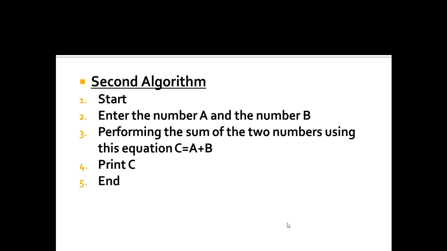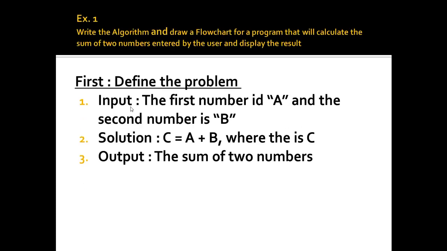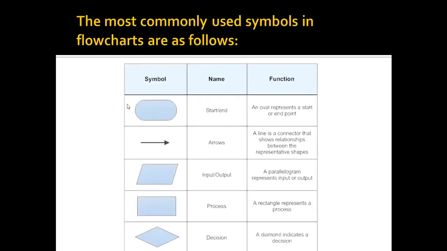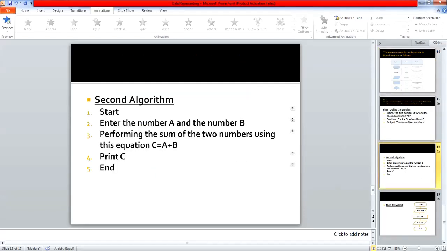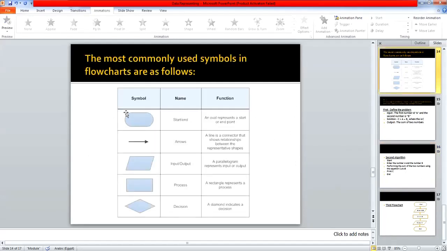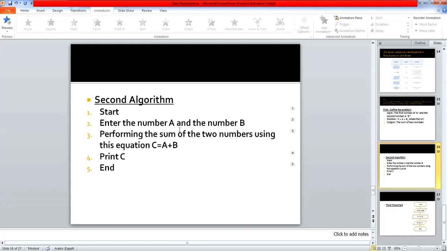We just said start should be represented using an oval shape. Okay, this one. I'm gonna end show. Here we said start will be represented using an oval shape, so we need to draw an oval shape. Then we're having enter the input and output.